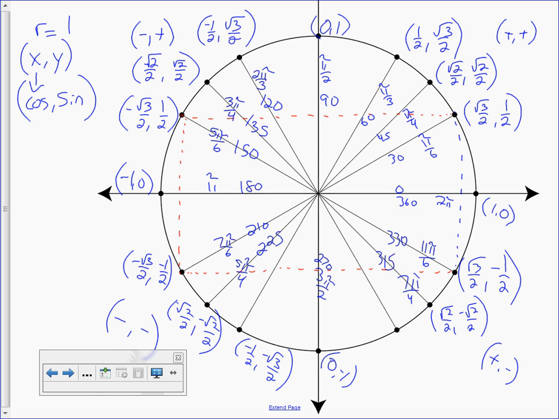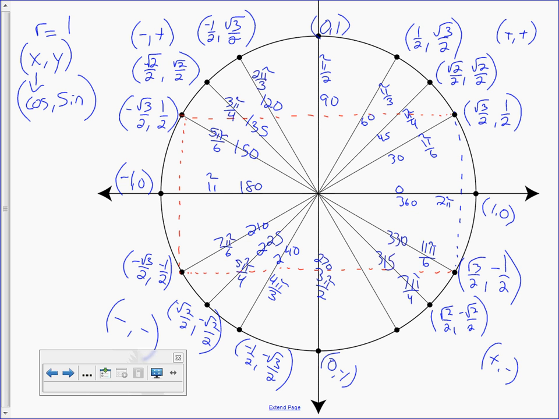The degree was 240, and that's 4 pi over 3.